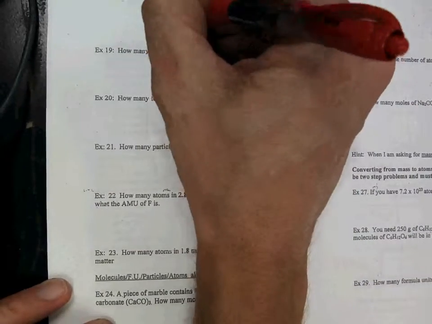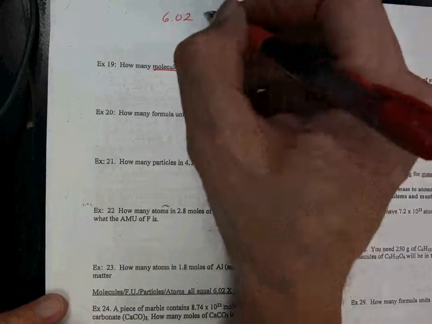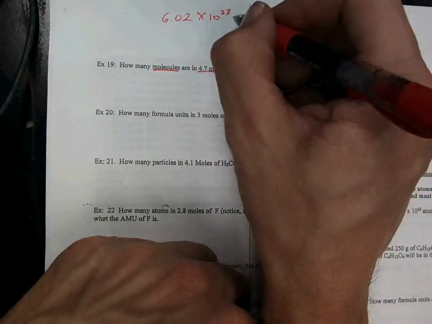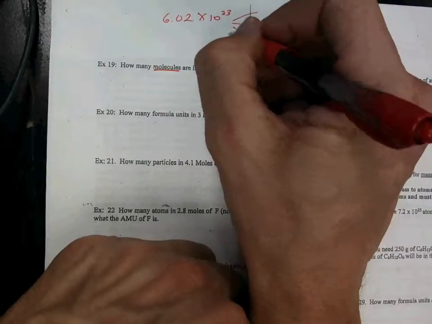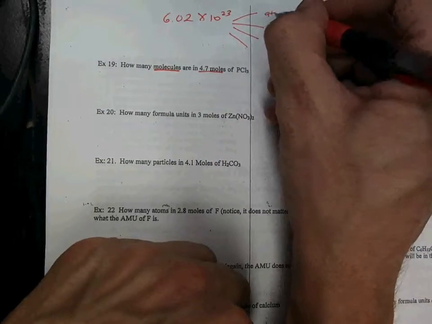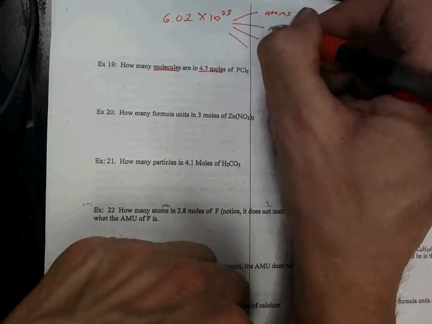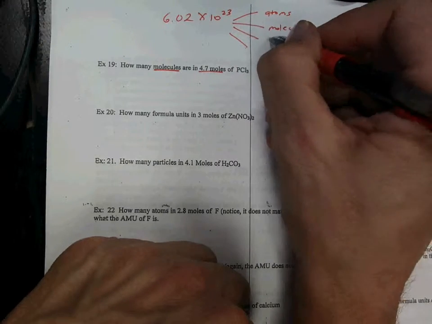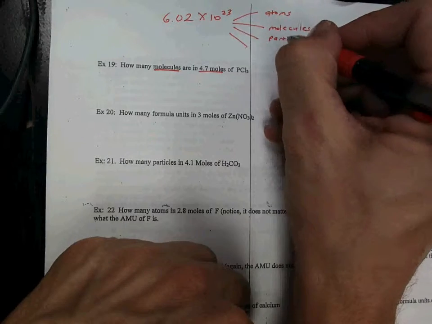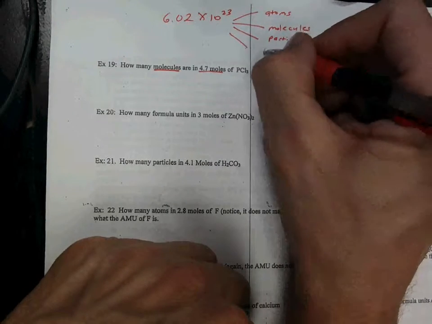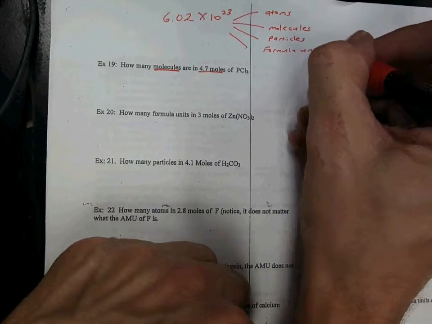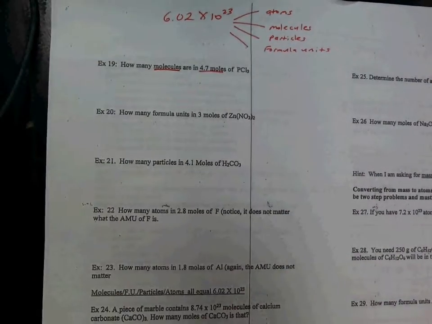Now remember that 6.02 times 10 to the 23, that number can go for 4 things. It can go for atoms, it can go for molecules, it can go for particles, or it can go for formula units.